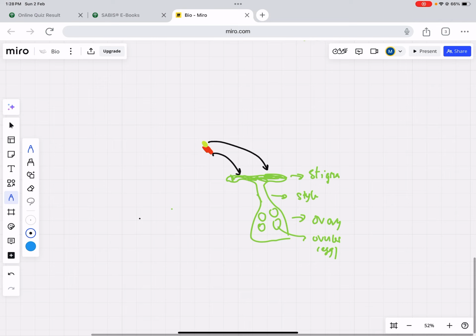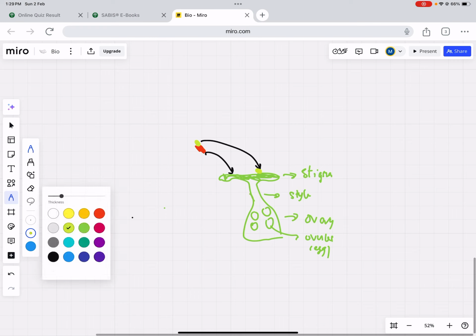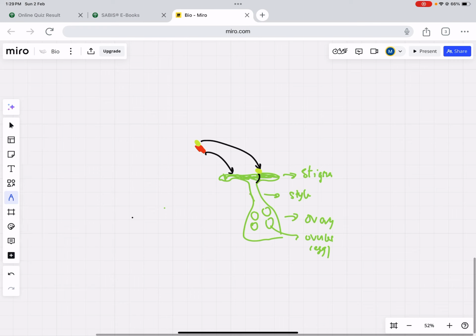So once the pollen is now on the stigma, what's going to happen? A chemical is going to be released, which is going to help form what we call a pollen tube. So a pollen tube will start forming, which would allow it to enter one of the ovules.